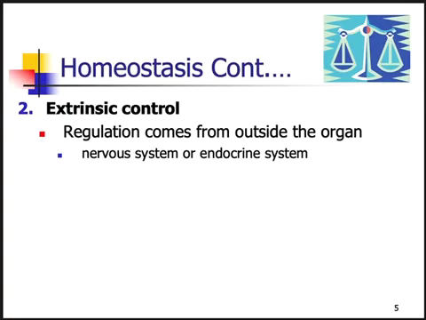So hormones are able to circulate throughout the whole body, but only the target cells or target organs will be affected by that hormone. And this is a long distance communication, right? So it's extrinsic control. It's outside of the organ that you're trying to regulate, okay?